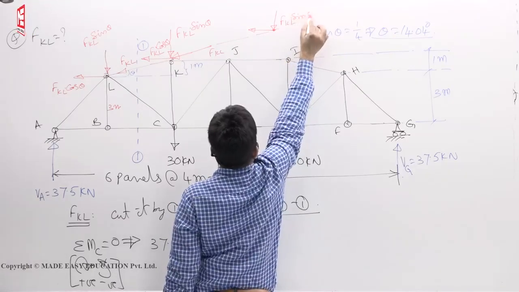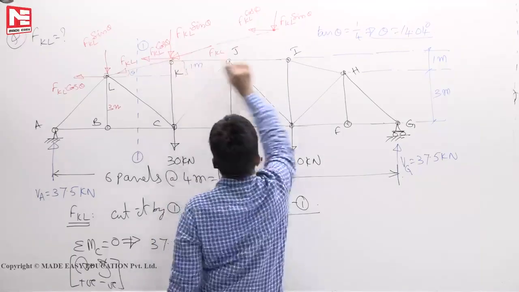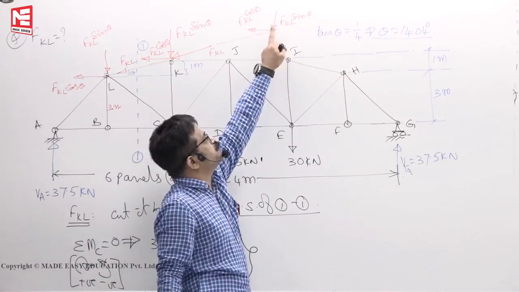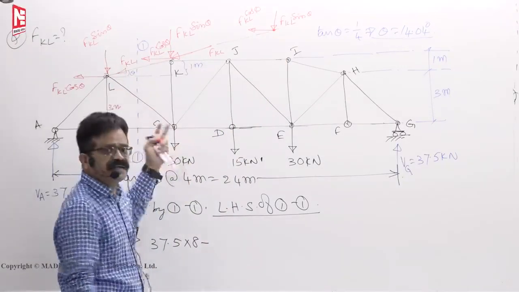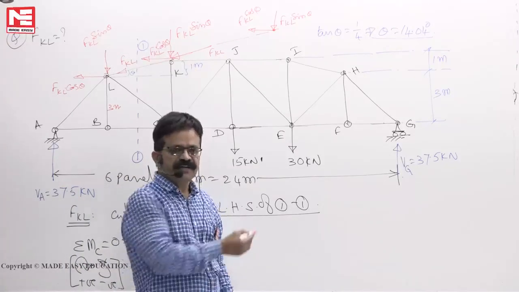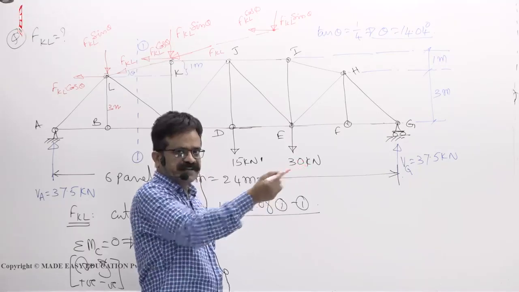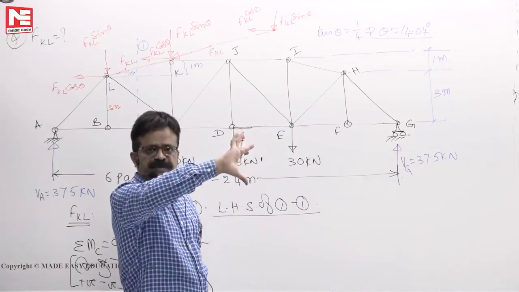FKL sin theta. It can be replaced anywhere along its line of action. Even if I keep it here also, the moment of this force about C is the same as the moment of FKL about C. That's the meaning of that. External effect of a force means moment. Wherever you replace force F, its rotational effect about C remains the same. Force into perpendicular distance only is the moment.